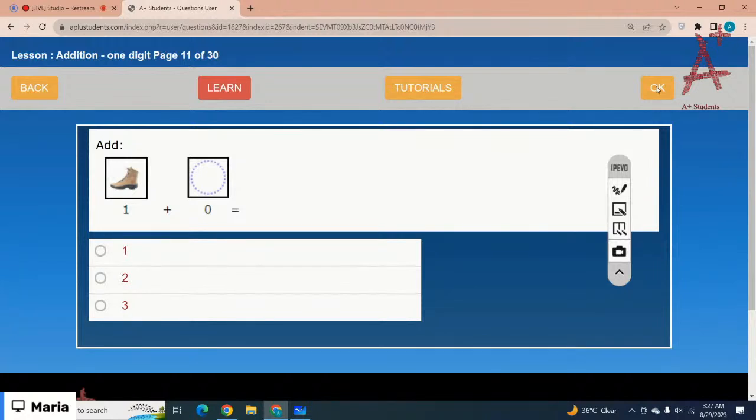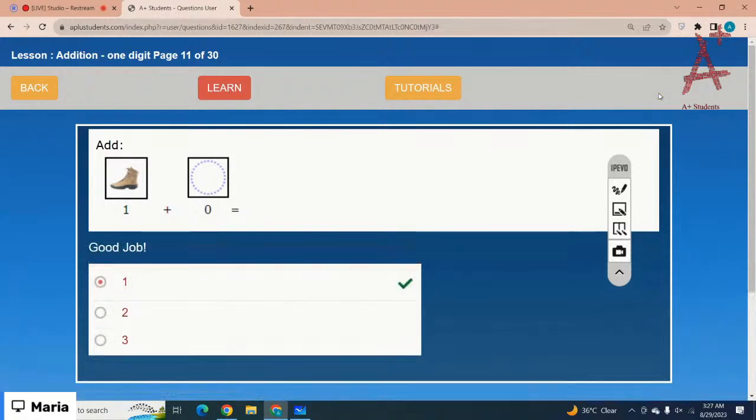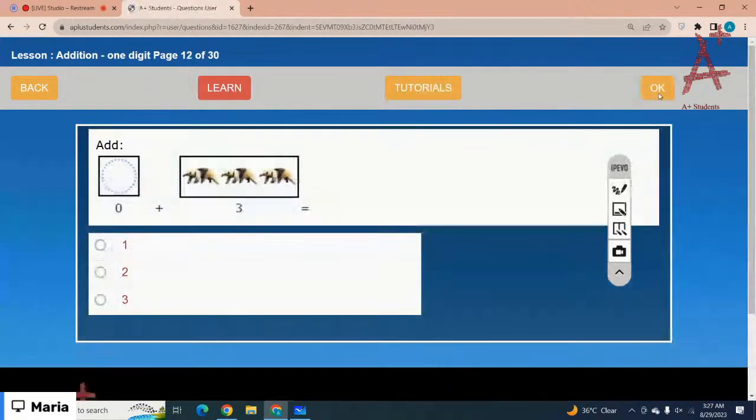The next one is 1 plus 0. So 1 plus 0 makes 1. The correct option is 1. Okay, you can complete the lesson by yourself later today. Let me just move on to next lesson.